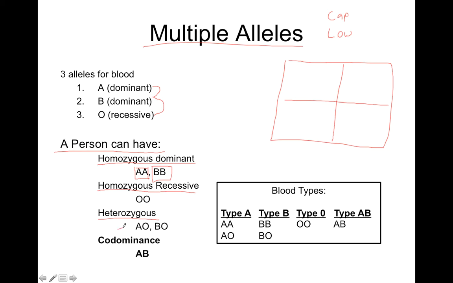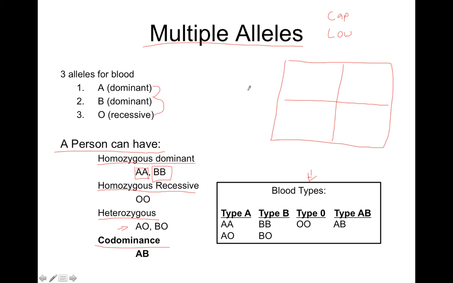You could still be type A blood if you are AO, type B blood if you are BO. And then codominance where A, B share the blood type. So here are all of our blood types in this chart to your right there.